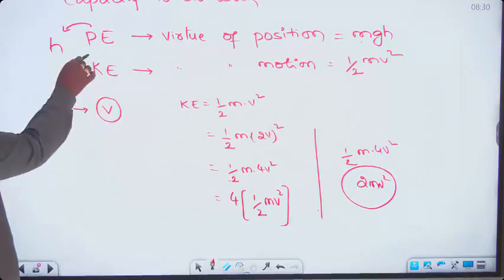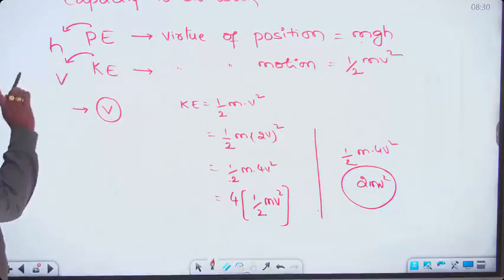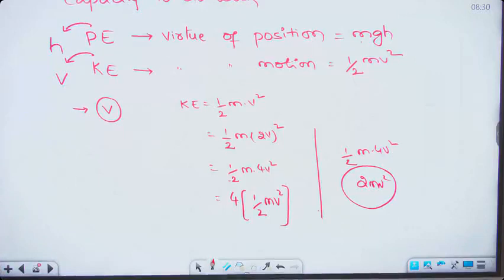Alage kinetic energy of an object depends on what? It depends upon velocity. Remember that one. Kinetic energy of an object will not change with respect to mass. ఎందుకంటే ఆబ్జెక్ట్ మాస్ అనేది ఎప్పుడు కూడా కాన్స్టెంట్గా ఉంటుంది, మాస్ అనేది ఎప్పుడు కూడా చేంజ్ కాదు. కాబట్టి వెలాసిటీ ఇంక్రీజ్ అయినా వెలాసిటీ డిక్రీజ్ అయినా కైనెటిక్ ఎనర్జీ చేంజ్ అవుతుంది. అలాగే హైట్ ఇంక్రీజ్ అయినా హైట్ డిక్రీజ్ అయినా పొటెన్షియల్ ఎనర్జీ చేంజ్ అవుతుంది.